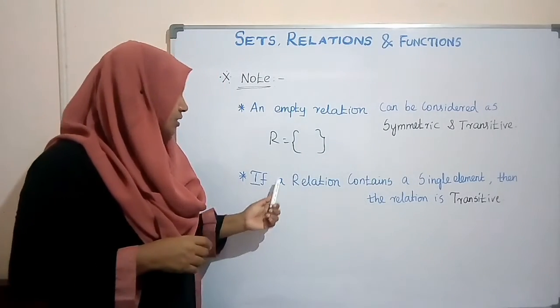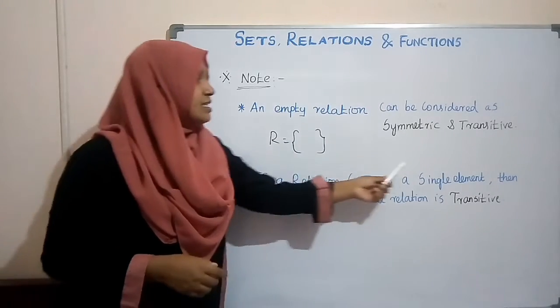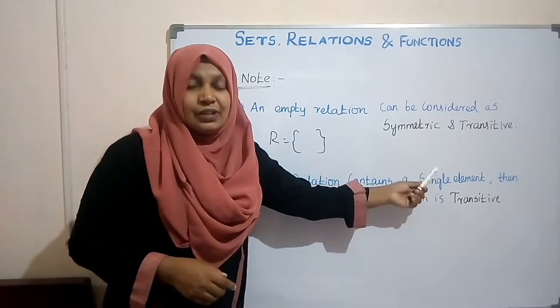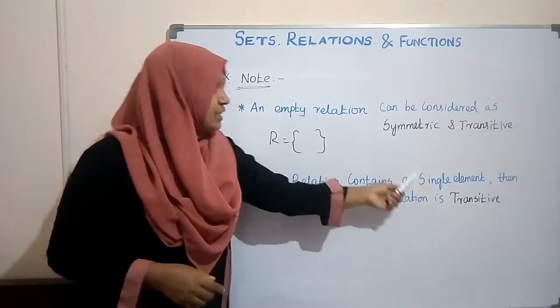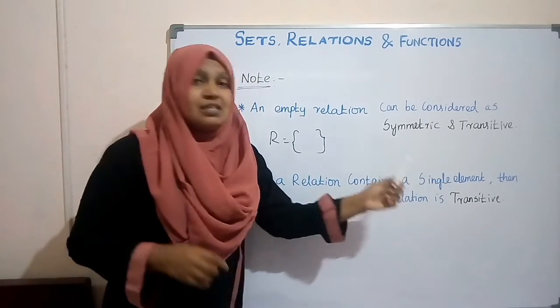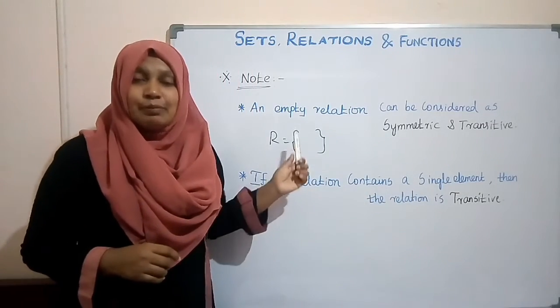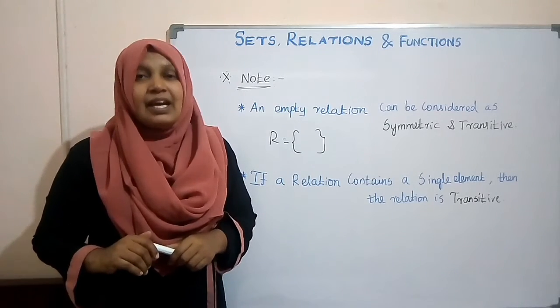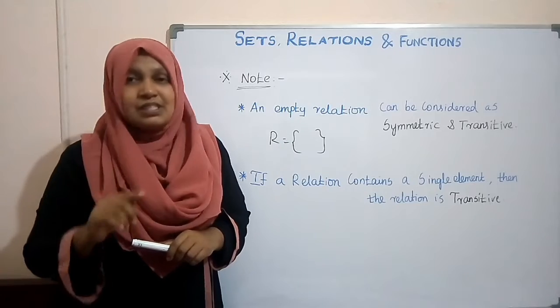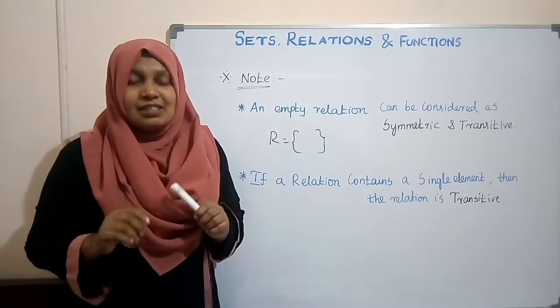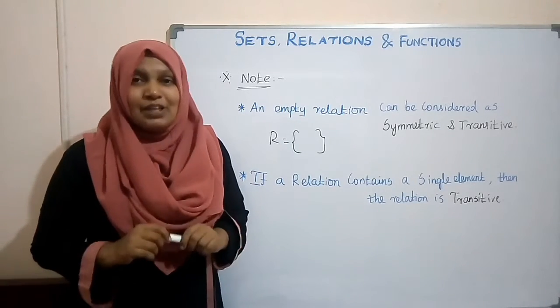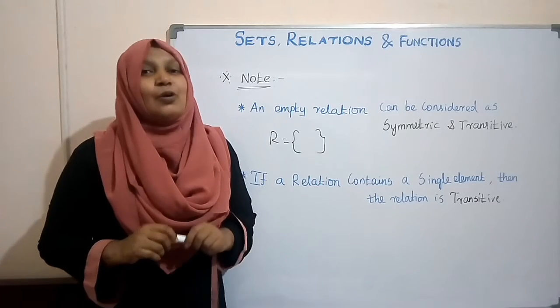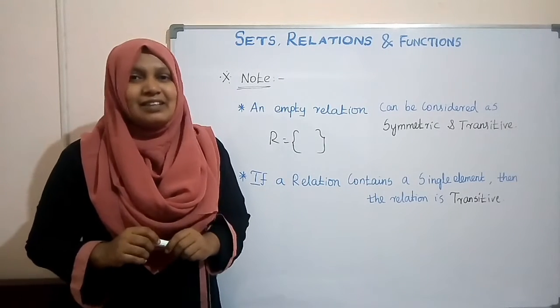Similarly, the second one is, if this relation contains a single element, then the relation is transitive alone. If it is empty, it can be considered as both symmetric and transitive. And if it has only one element, we should say the relation is transitive. This is important for your 1 marks. Hope you understand these three basic relations.